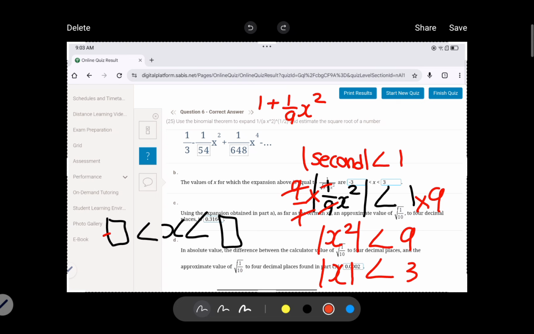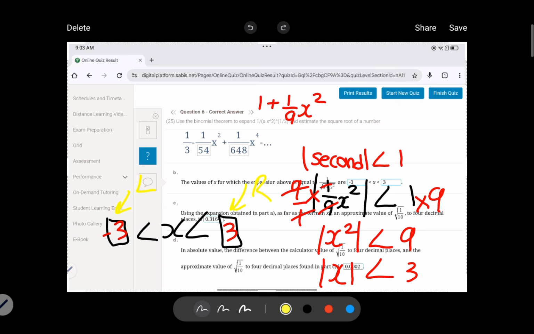You will put the negative number here and the positive number here. You know how we got 3? So it will be negative 3 and 3. This is from past years. This is the left and this is the right. That's it. That's all you have to do.